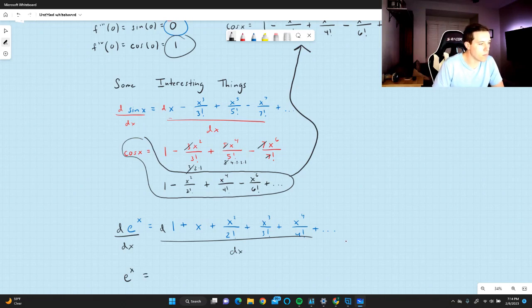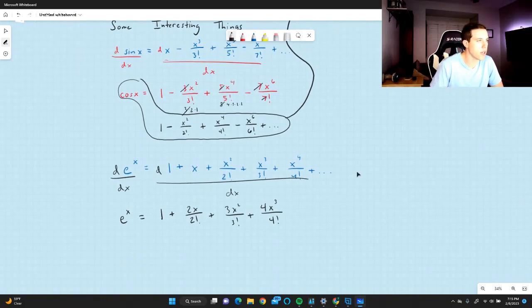Derivative of 1 is 0. Derivative of x is 1, plus derivative of x squared over 2 factorial. That's a power rule. So 2x over 2 factorial, plus derivative of x cubed is 3x squared over 3 factorial, plus derivative of x to the 4th is 4x cubed over 4 factorial. And just like I did in the previous one for sine, we can cancel the 2s. We're left with x.